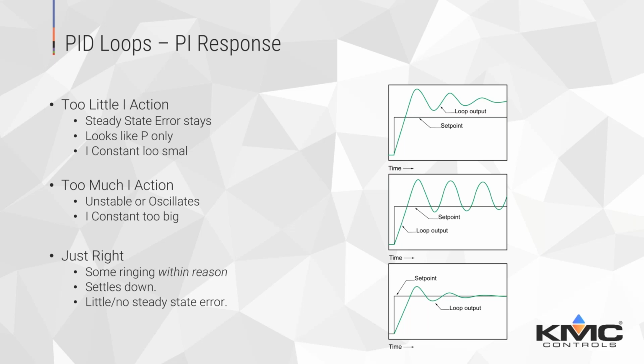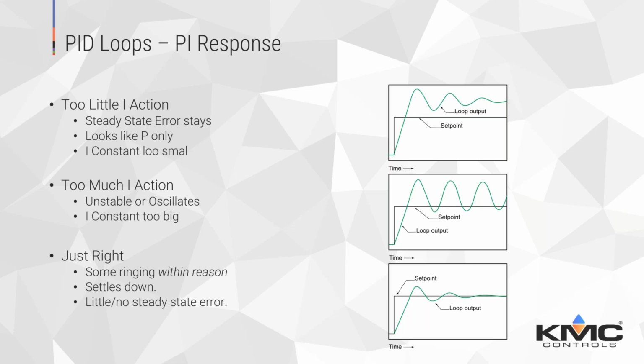So moving to that middle picture, we've mistakenly put too much I action in, or we put too much I action in too quickly. So now instead of a nicely performing response, I've introduced unstable oscillations back into my control loop. This a lot of times can look like a proportional term that's too low.